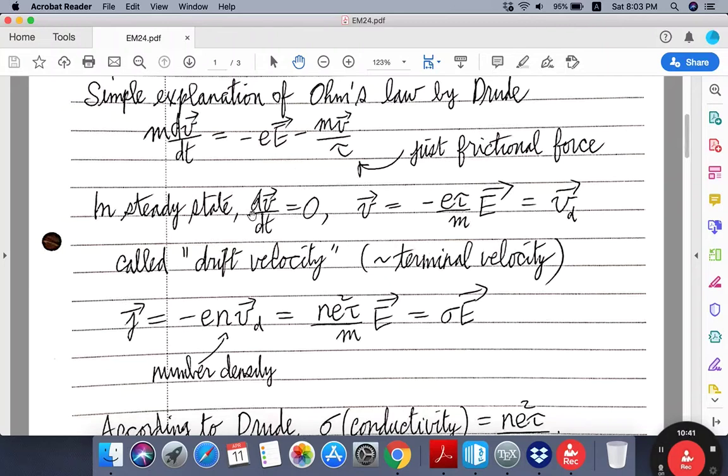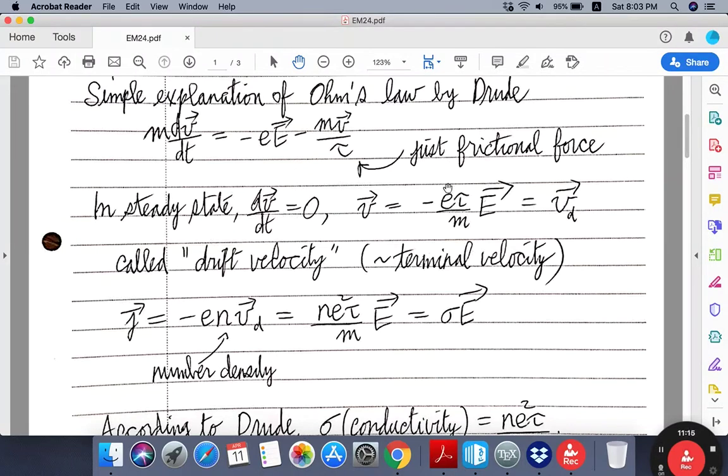So this steady state condition, in the case of this equation, leads to the velocity that is proportional to the electric field, with a constant of proportionality given by this combination of electric charge, some time constant called the scattering time or relaxation time, divided by the mass of the charge carrier.